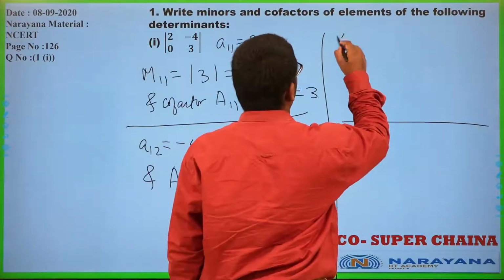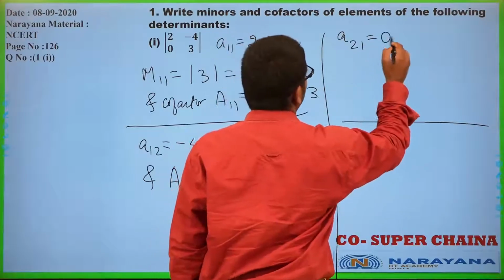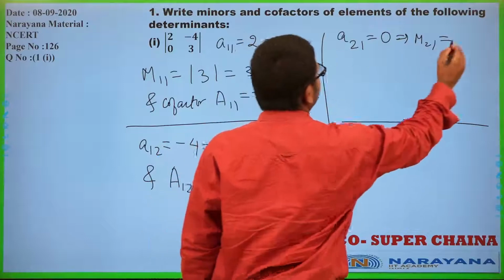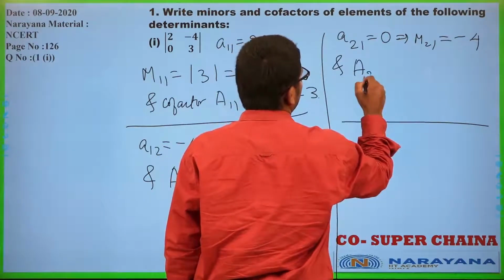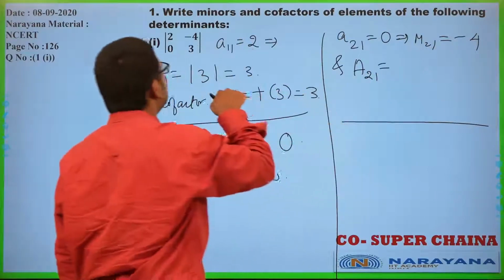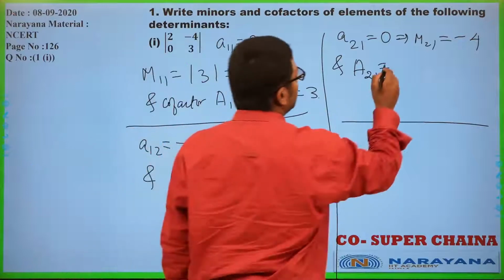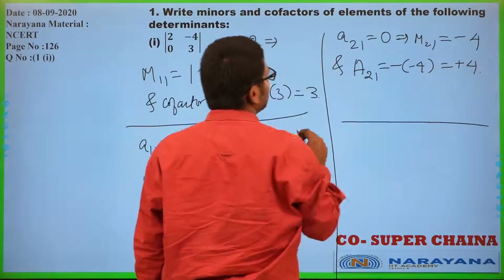Then A21 is the element 0, which means M21 is the element opposite 0, which is minus 4, and capital A21, which is the cofactor, would be, at this position also we use minus, so minus of minus 4, which is plus 4, right?